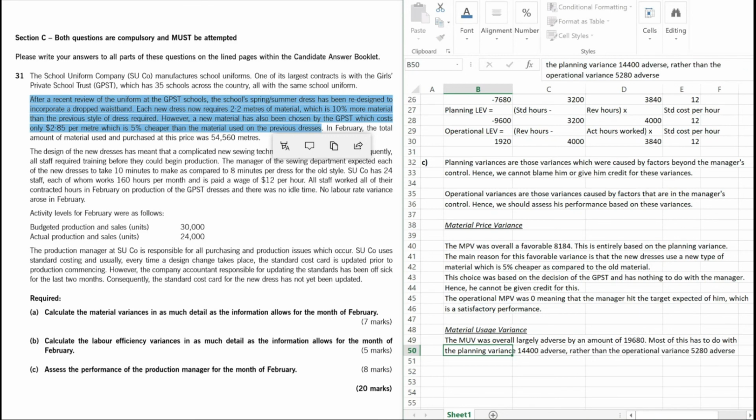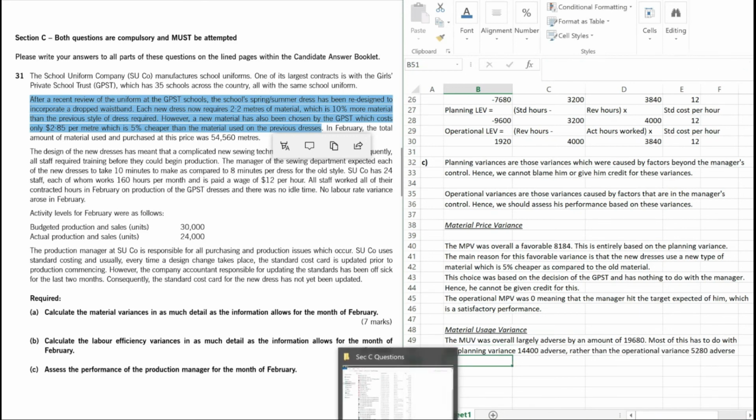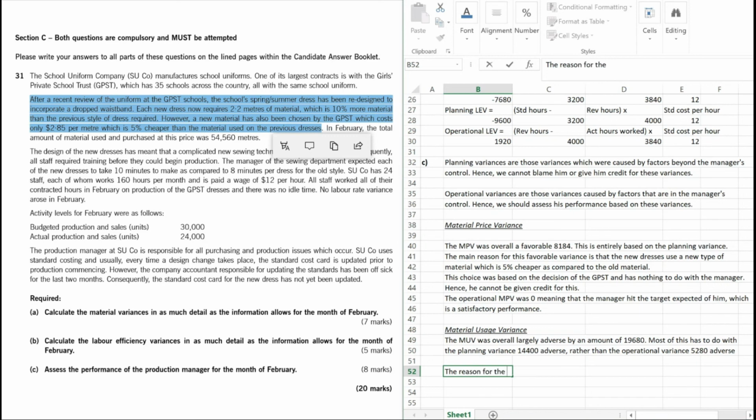Okay, so what could be the reasons for the adverse planning variance? Well, they mentioned each new dress now requires 2.2 meters of material, which is 10% more material than the previous dress. The reason for the adverse planning variance is the new design of the dresses, which require 10% more material than the previous dresses.